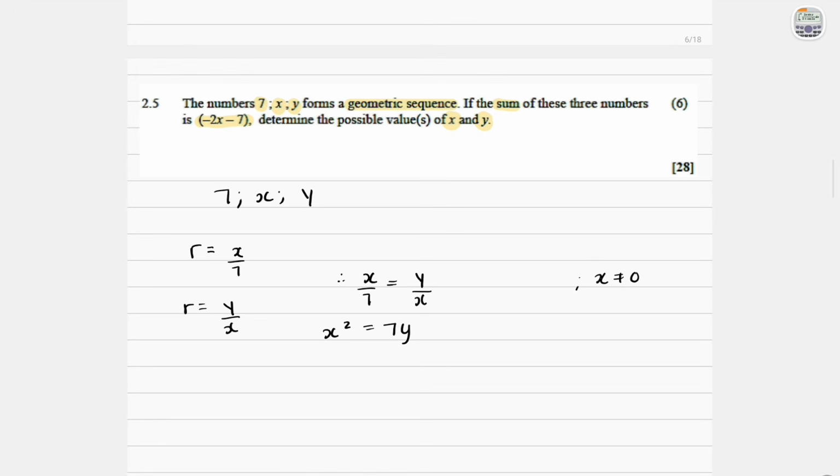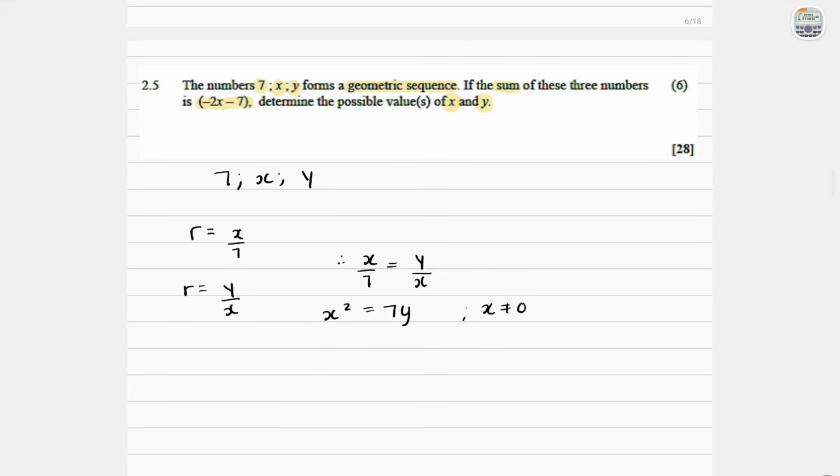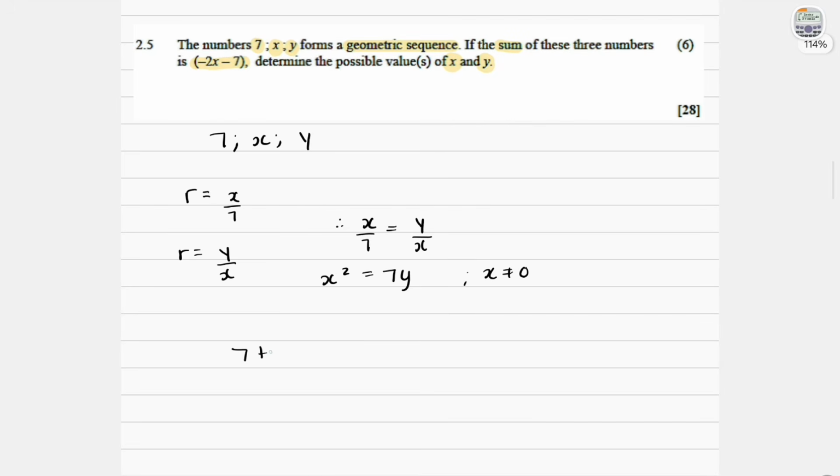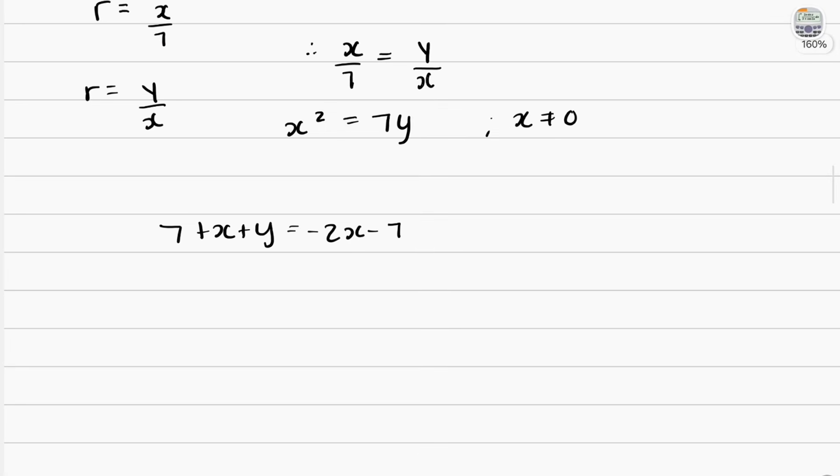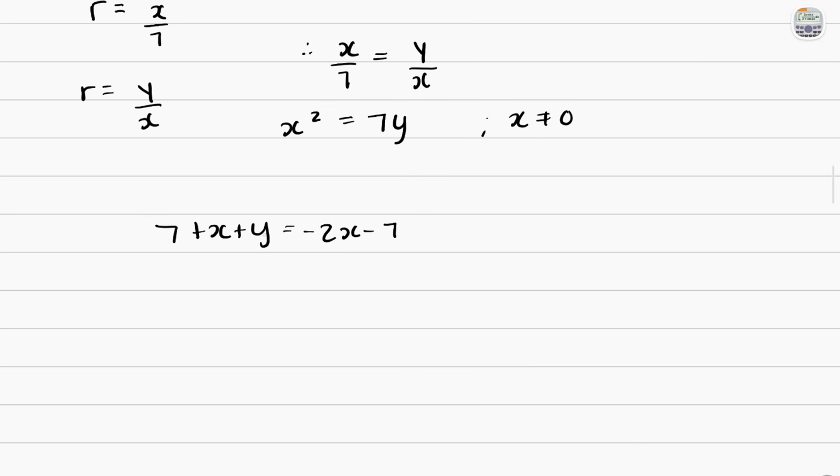What other information did they give us? They said that the sum of the numbers is, meaning 7 plus x plus y is equal to negative 2x minus 7. So we can go ahead and simplify this further. We can leave y on this side. Y is equal to, and if you transpose x, it becomes negative 2x minus x, which is negative 3x, and the negative 7 minus 7 is negative 14.